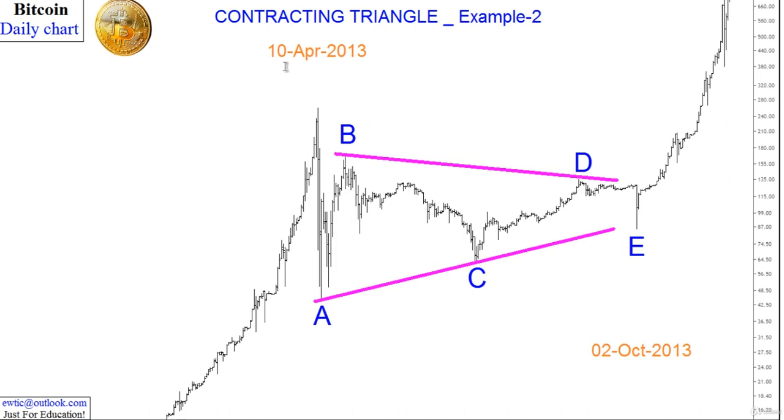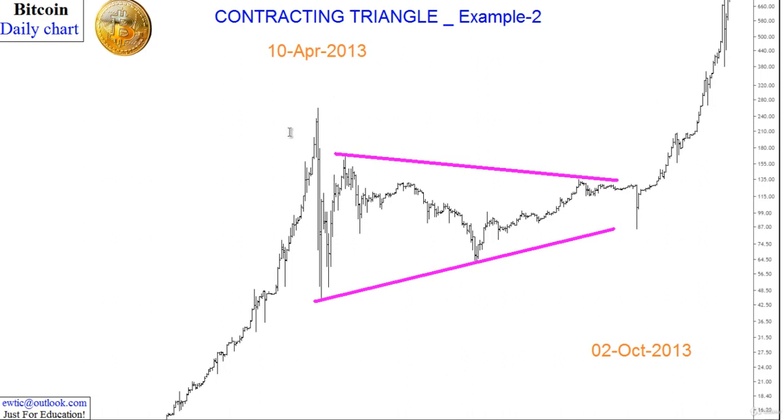By the way, this time period we are looking at is 10th of April 2013 until 2nd of October 2013, right? The price of Bitcoin in this period was around $100 per coin, right? The minimum price it went to here is around $45, and this high price was $240.